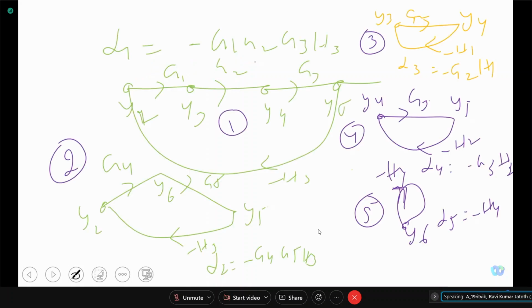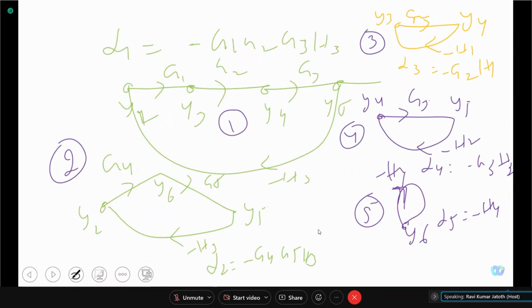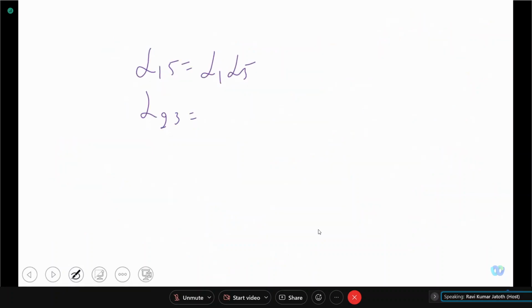Right. Then are 2 and 3 called non-touching loops? Yes, sir. 2 and 3, because Y3 and Y4 are not there in 2, right? Yes. So these two are non-touching loops. So L23 is L2 into L3.